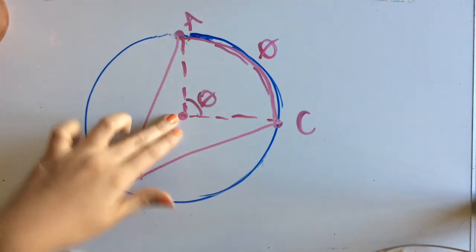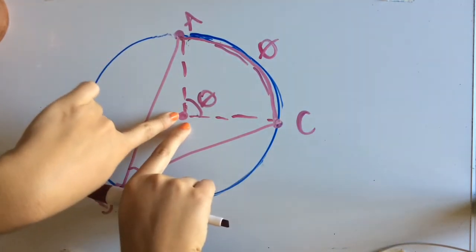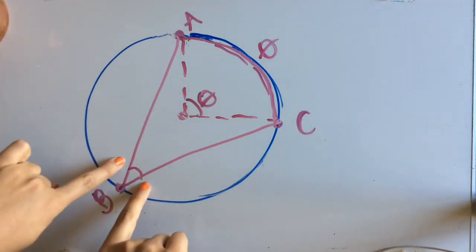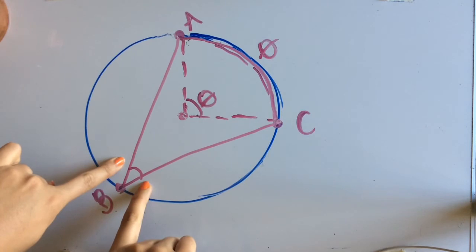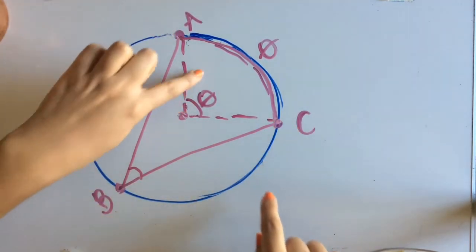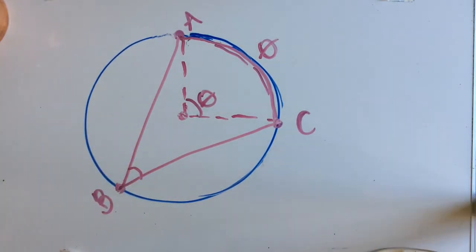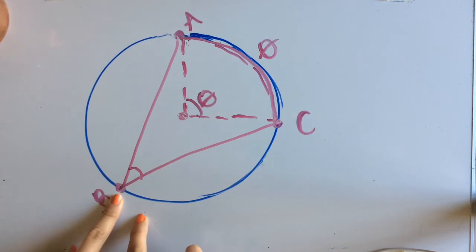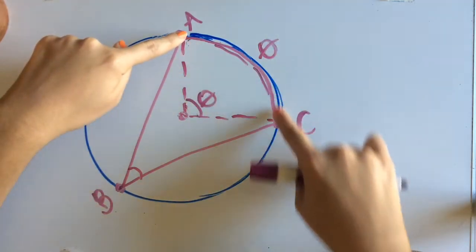But notice that the measurement of this central angle is bigger than the measurement of this inscribed angle, even though they go out to the same endpoints. Well, they have a very special relationship. Our notes say that angle ABC is actually half the measure of this arc.